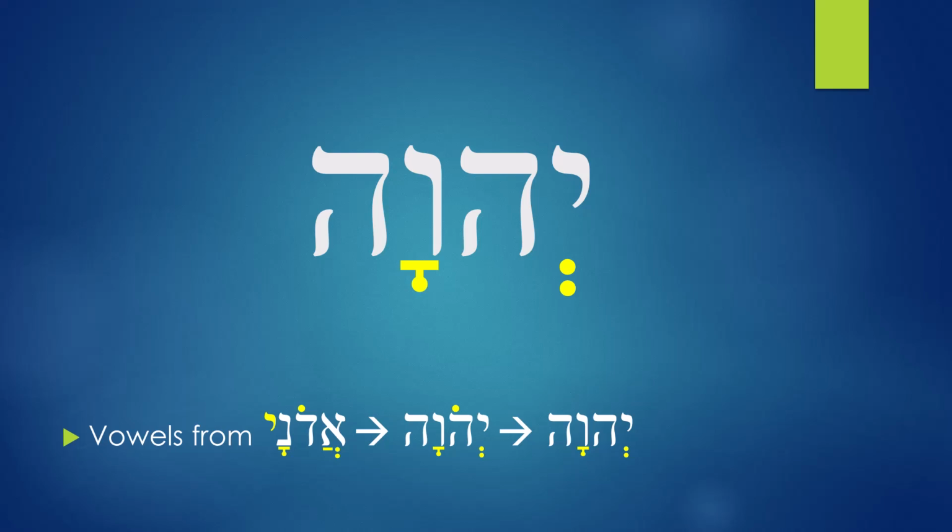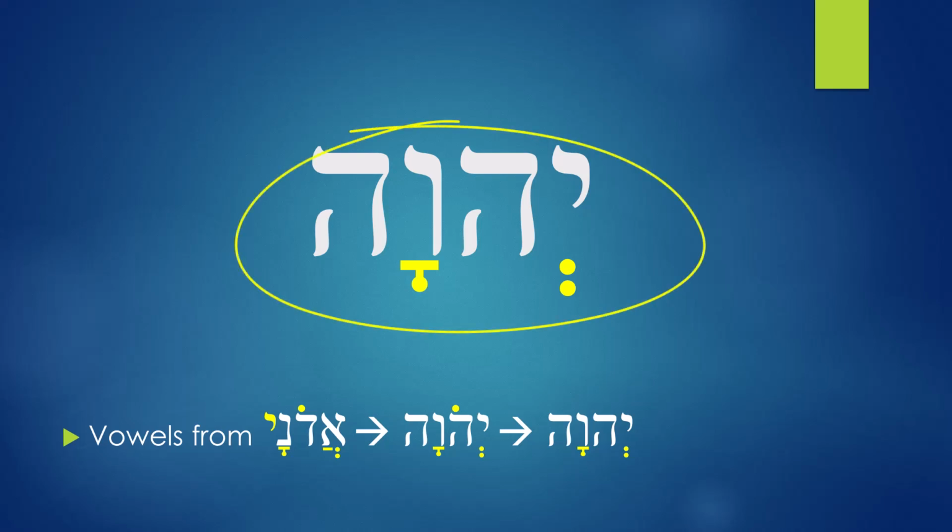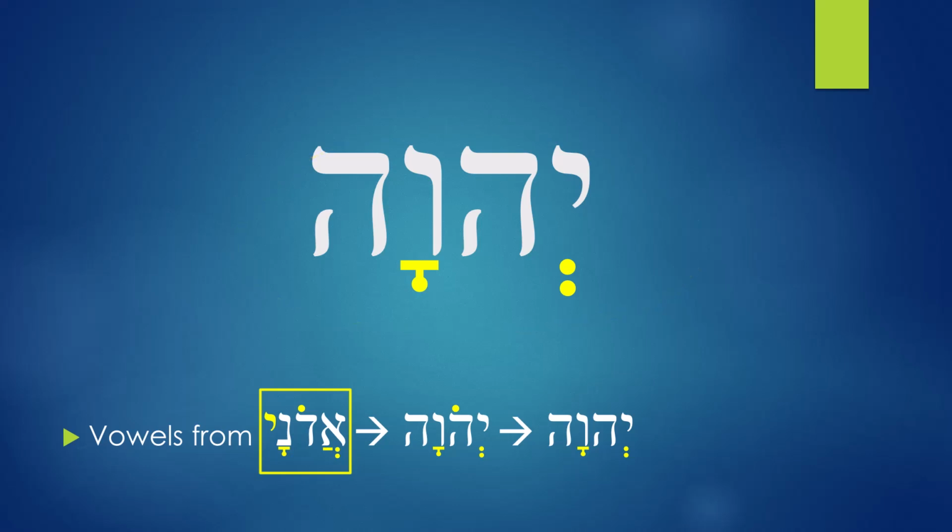Why? Let me explain. When the Masoretes added vowel points, they wanted readers to see this word but pronounce it as Adonai. They did this so that they would have reverence for the word Yahweh. They didn't want to pronounce Yahweh, so in place of Yahweh they wanted to pronounce Adonai. So here's what they did.